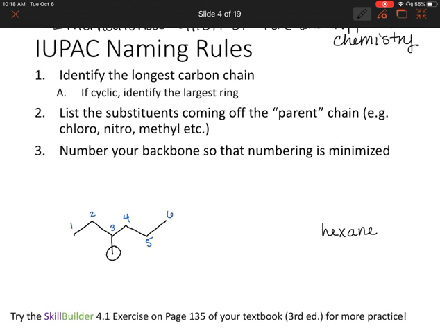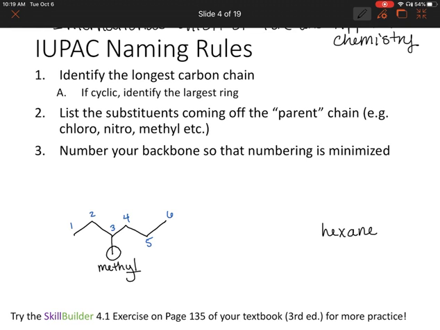And that carbon is by itself, there's only one. So we would call this a methyl group. The yl ending tells us that this is a substituent. And we'll talk more about how to name other substituents as well, but we'll start there.